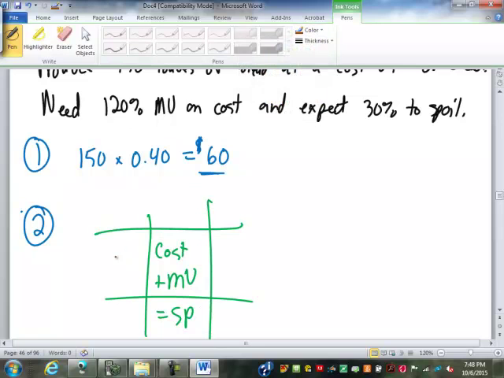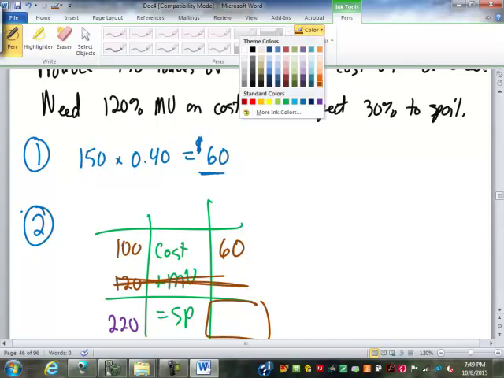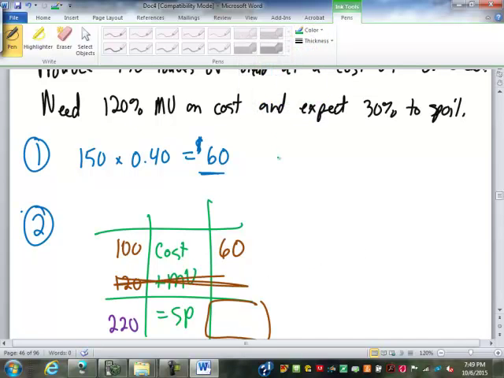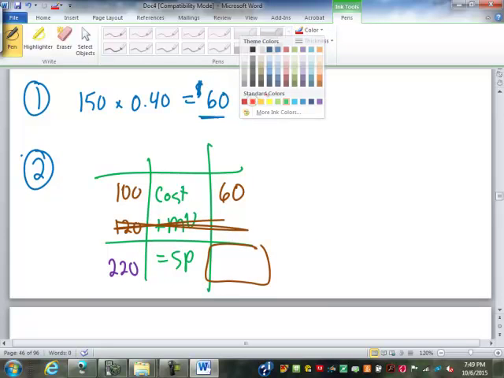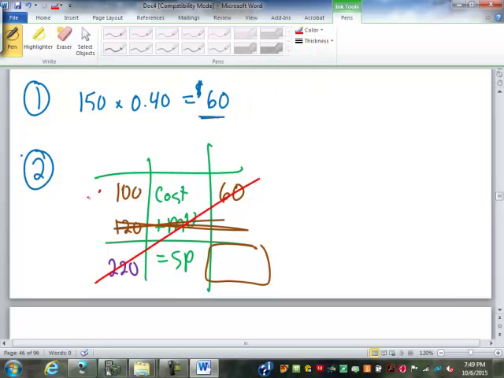So we have 100% here, 120 is the markup percent, so the selling price is going to be 220%. Very good. And of course, the cost is $60. We're looking for this, so we can ignore the markup. Cross multiply and divide. 220 times 60 divided by 100 is $132, I believe. Is that what we come up with? Perfect.